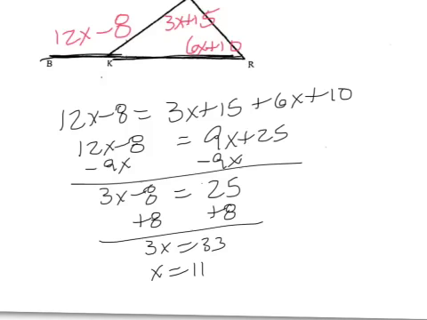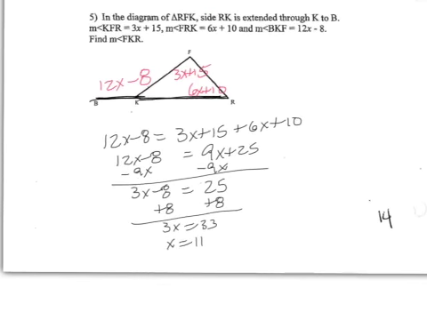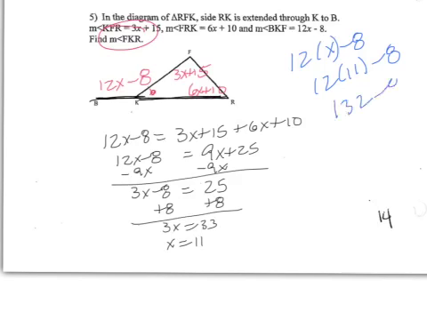Okay, now that we have solved for x equals 11, we need to go back and figure out what the question was asking us. And the question specifically says, find the measure of angle FKR. So FKR is actually this angle right in here. What you want to do now is put in the 11 into 12x minus 8. So we have 12 times 11 minus 8, 132 minus 8.